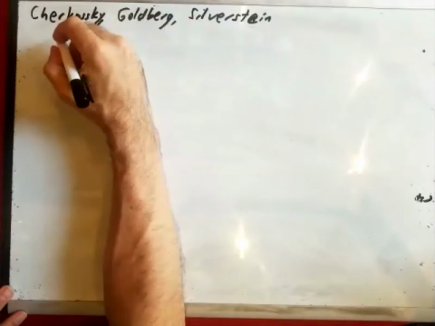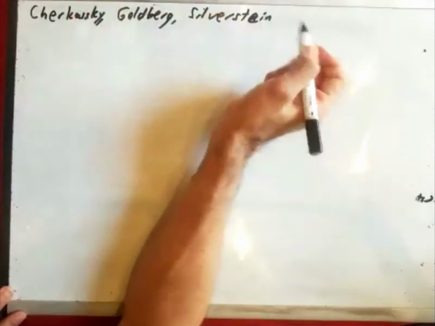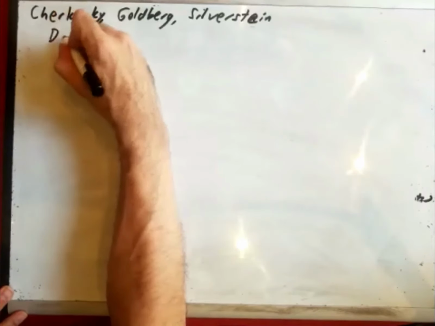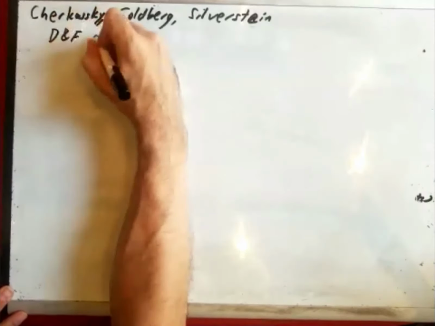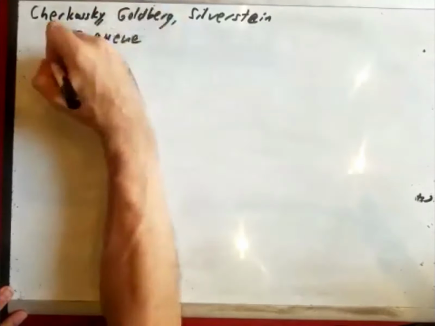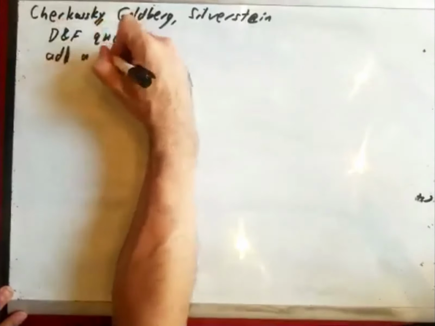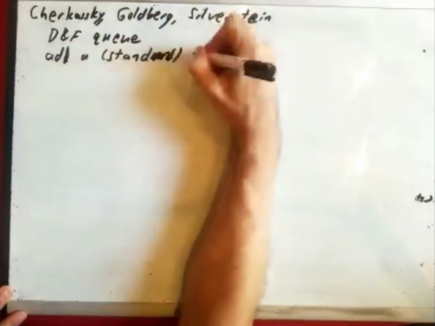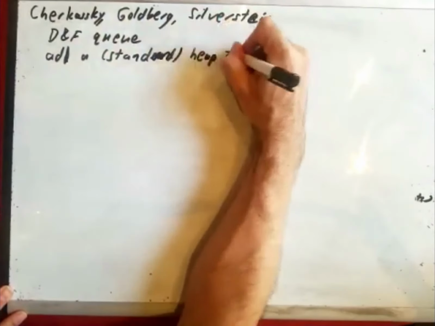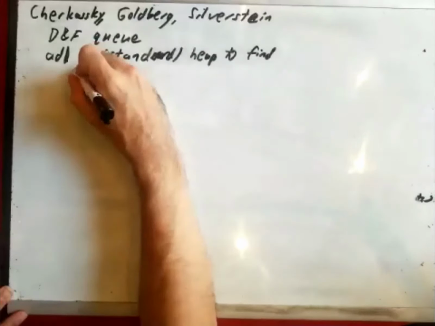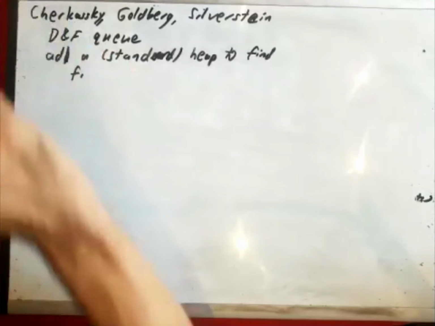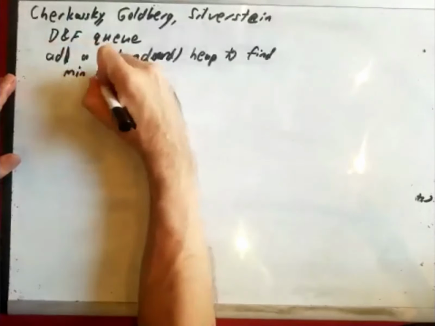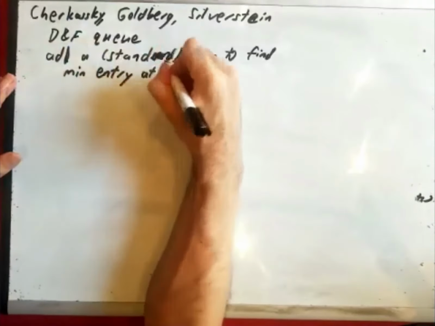So Cherkassky, Goldberg, and Silverstein said, well, why don't we just take the DiNardo and Fox priority queue, but add a standard heap to find the minimum entry at the top level.